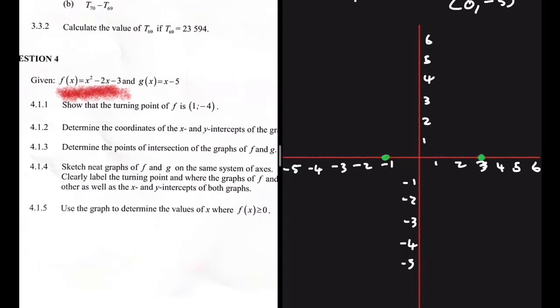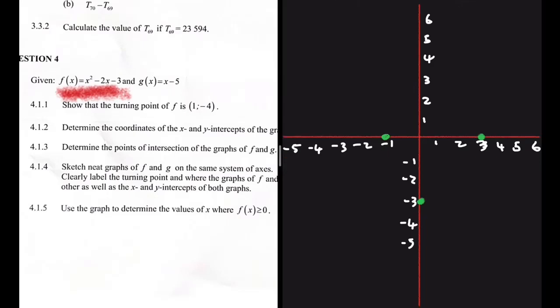Now let's move to the y-intercept. Our y-intercept, x is equal to 0 and y is equal to -3. So we have a point here. We have indicated the x-intercepts. We have indicated the y-intercept. And lastly, we have a turning point at x is equal to 1 and y is equal to -4. So somewhere here we have a turning point.